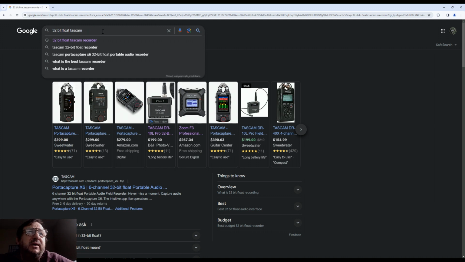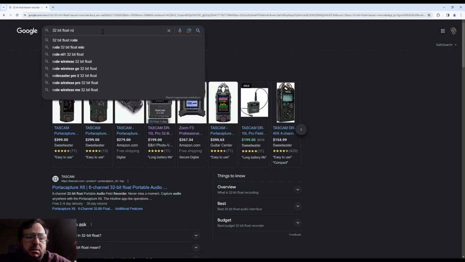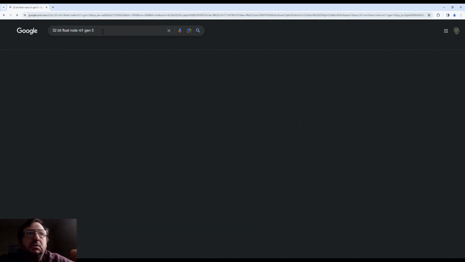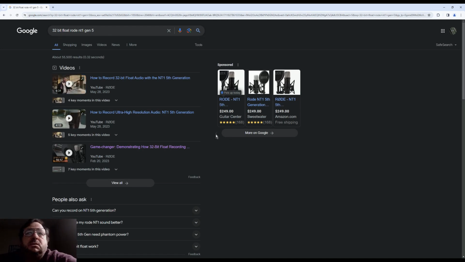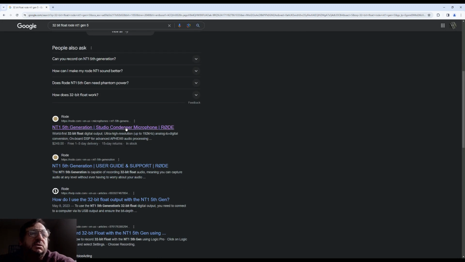So you need to find, it's called Rode. I think it's called NT1 Generation 5. It's the latest one, I think. So you have the NT1, like the Generation 5.